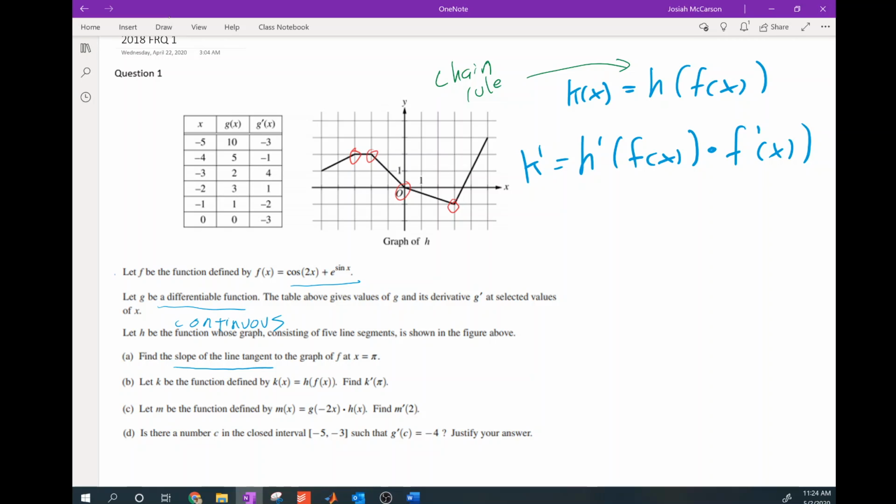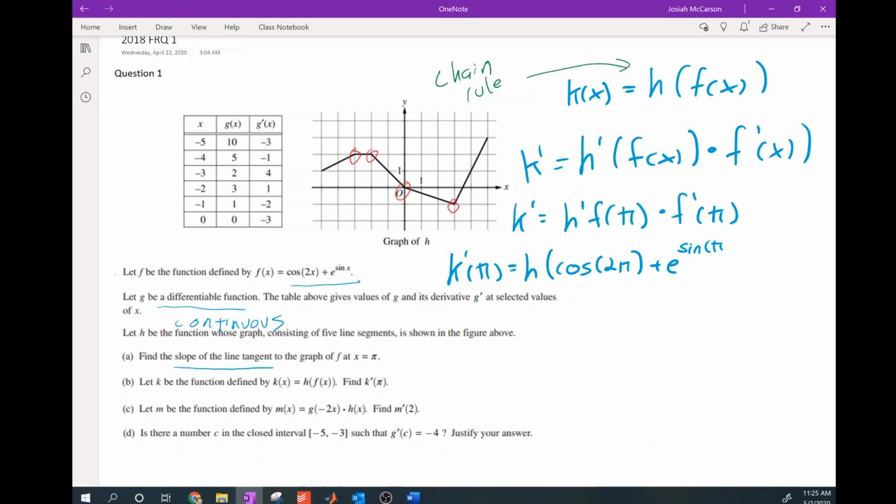Now they want k prime at pi. So we're just going to plug in pi to all of our values. Well, f of x was this here. So k prime of pi equals h prime of f of pi, which is cosine 2 pi plus e to the sine of pi, times f prime of pi.